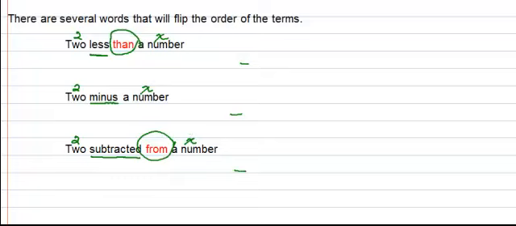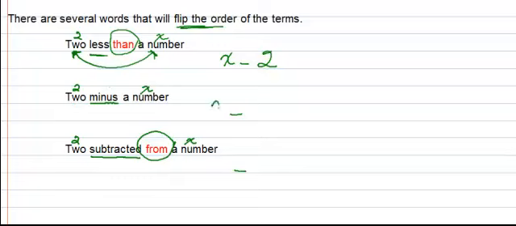I'm subtracting 2 from a number. So I will tell people to look for this "than" as one of the words that flips the order. So we flip the order, we have a number minus 2. Now this one says 2 minus a number. There is literally nothing interesting going on in there. It's just going right in order.